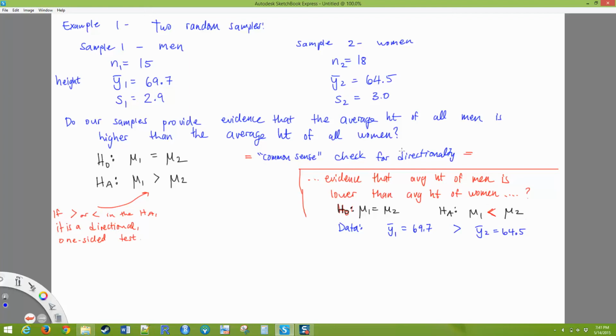So when we look at our data, Y bar 1 is not less than Y bar 2. Y bar 1 is greater than Y bar 2. So in this question, do our samples provide any evidence that the average height of men is lower than the average height of women? The answer there is no. Our samples do not provide this evidence.